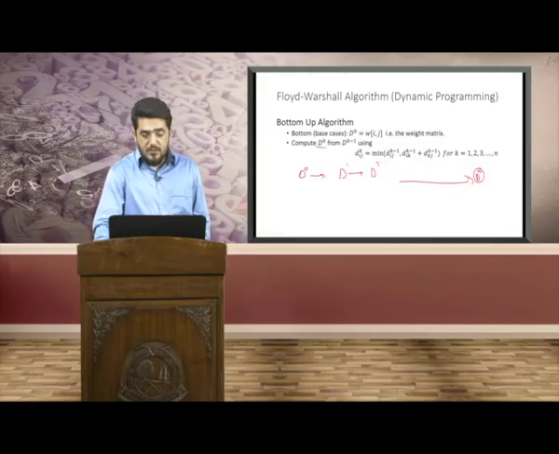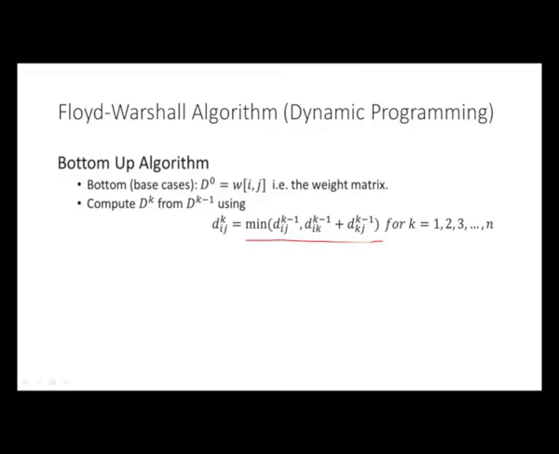We will use this relationship that was built earlier. D i j for any source and destination pair, with i being the source and j being the destination, with k intermediate vertices is equal to the minimum of D i j superscript k minus 1 comma D i k superscript k minus 1 plus D k j superscript k minus 1.